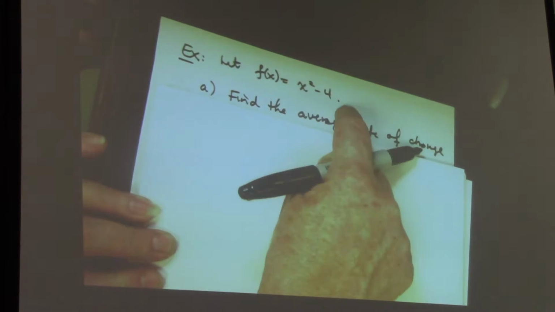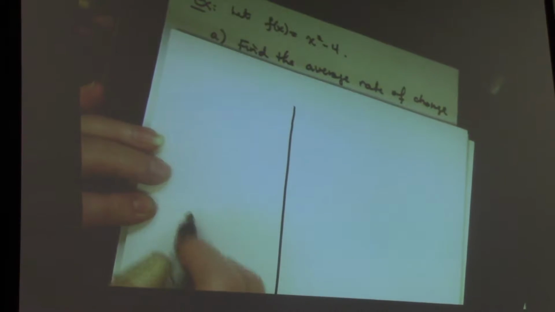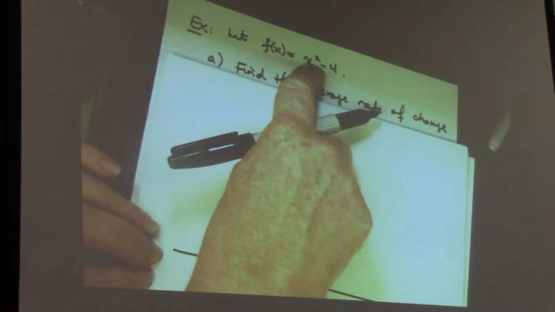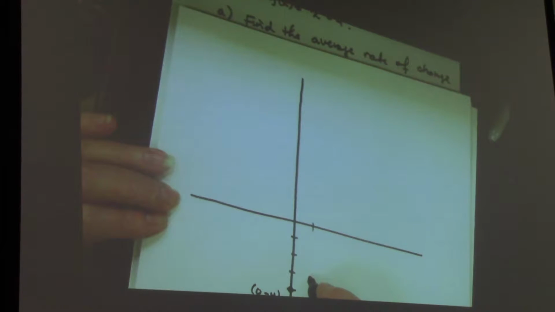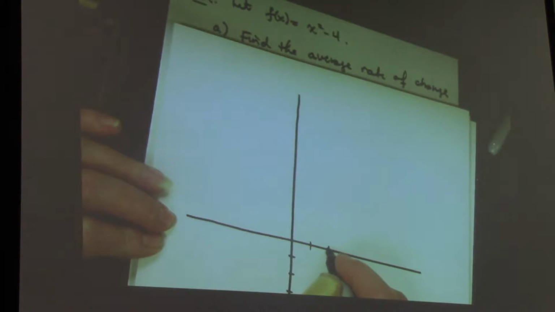So 0, comma, negative 4, right? And I'm not going to bother to draw this on graph paper. When x is 1, I got 1 squared minus 4 is negative 3. When x is 2, I got 2 squared minus 4, which is 4 minus 4, or 0.